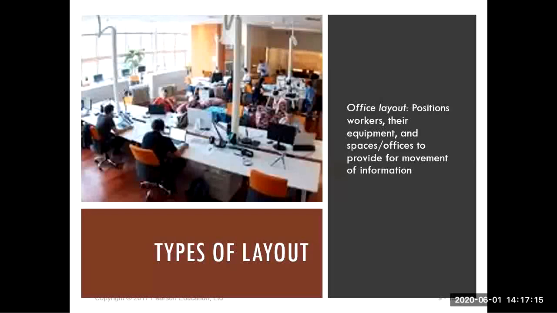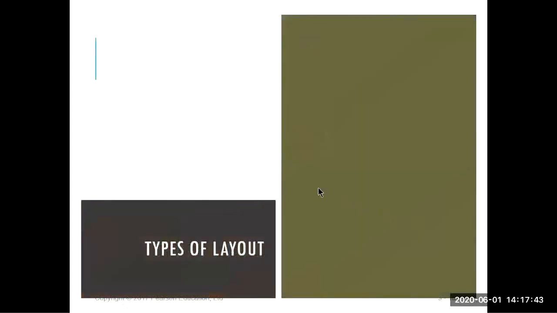Do the workers need privacy or not? Maybe they have to put some partition, or don't need to. So for an office layout, it's more about how to position your workers and equipment. That's the main thing. And then the extra is the movement of materials and information. So that is the first type of layout.